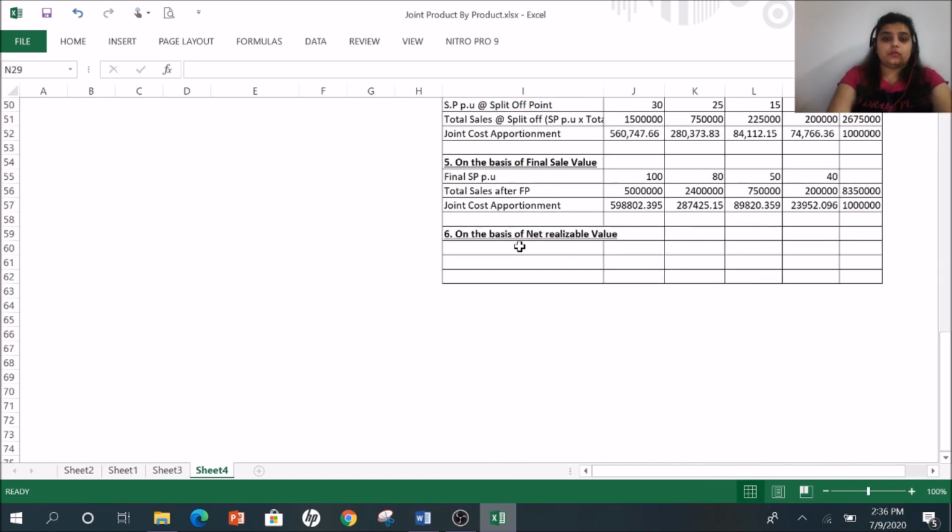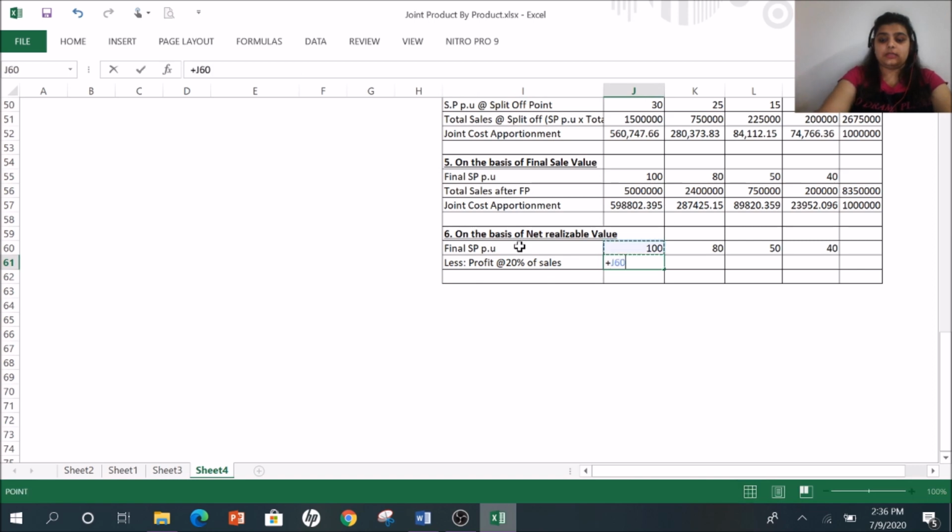Now, so we are going to start with our final selling price per unit, that is equal to 100, 80, 50 and 40, less profit at 20% of sales.